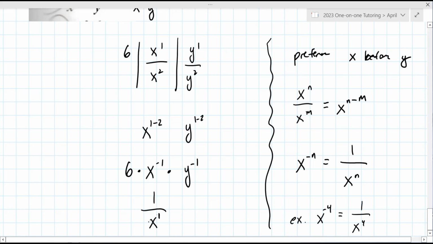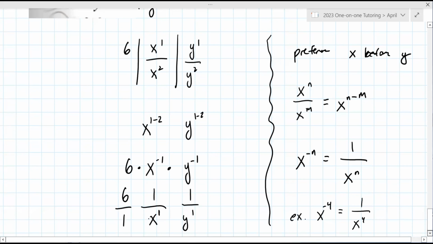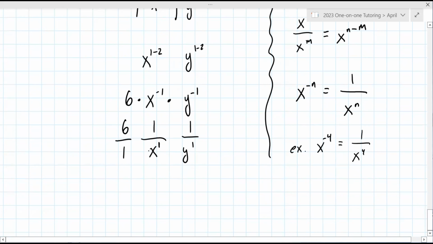Good. Yeah, that's correct. And same thing for the y there. What does that become? 1 over y to the 1. Yes. The 6 can be written as 6 over 1. Any number can be written as being over 1. Is that okay?